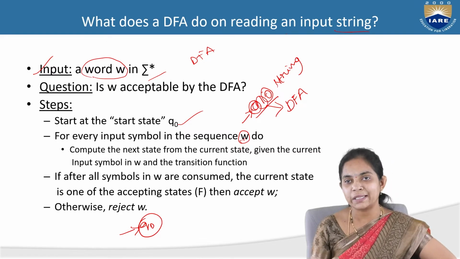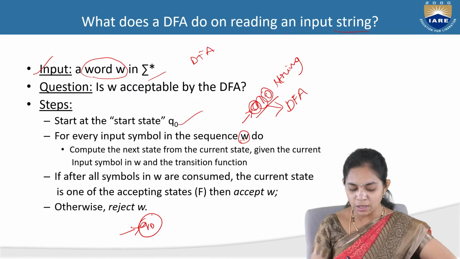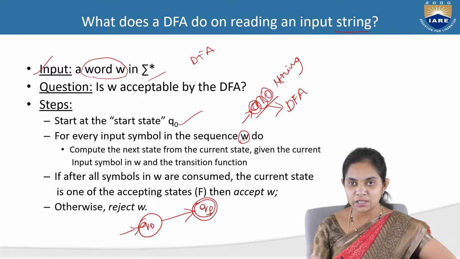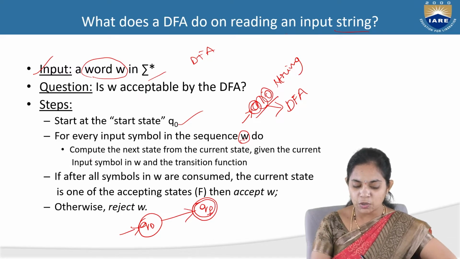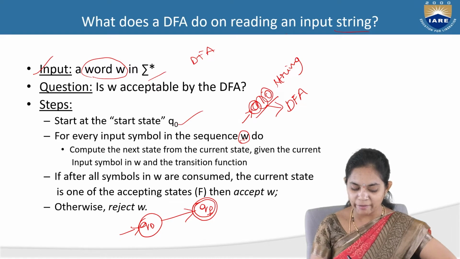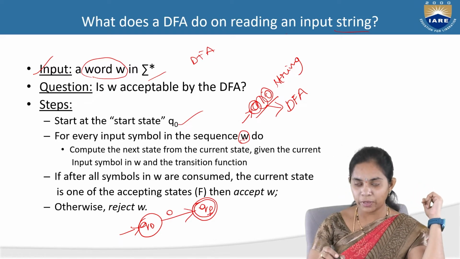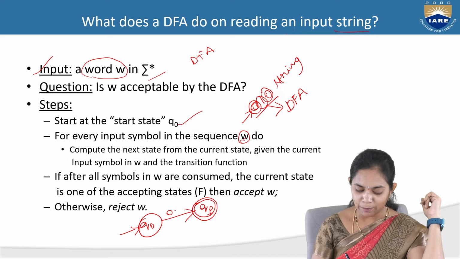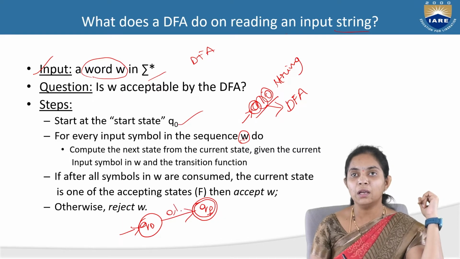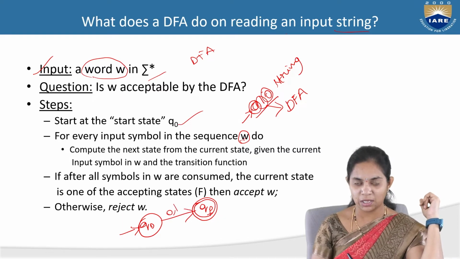If you take this as a transition diagram, every time we initialize like this, and the final state is represented with a double circle. So compute the next state: every state, given the input symbol, leads to the next state. That is how, for every input symbol, we give the next state.